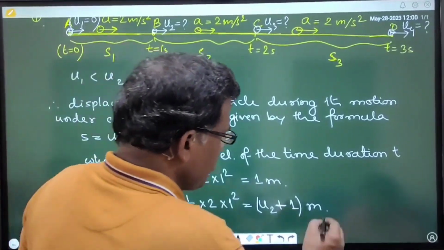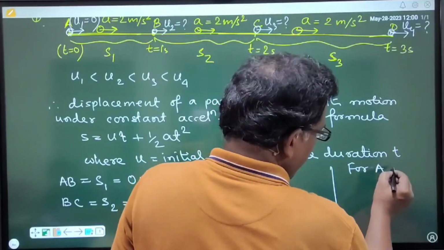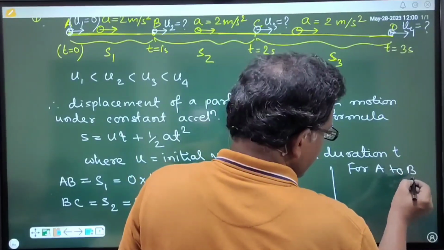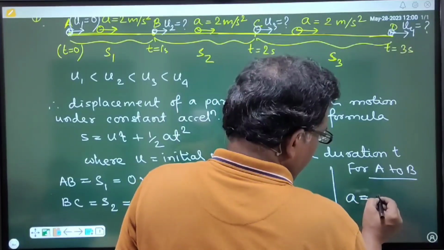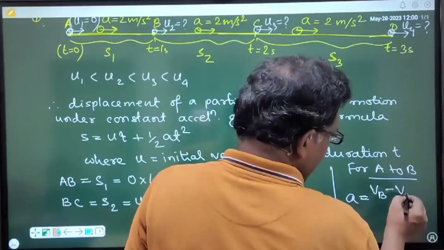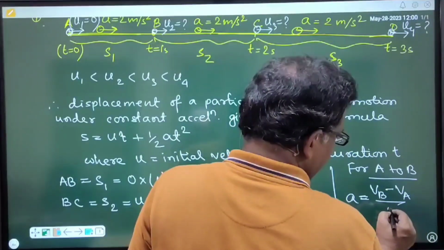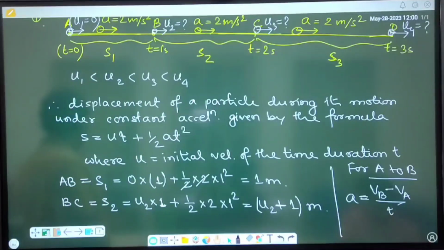So can we do this one separately for A to B? For A to B, can we write down acceleration is equal to velocity at B minus velocity at A divided by the time taken to travel from A to B? Do you remember, it was v minus u by t?